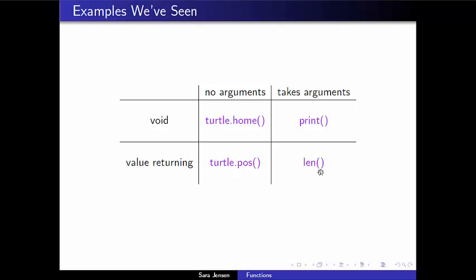We're going to give you something like a string or a list. That's what we want to know how long it is. And what you'll return to me is precisely how long it is. So these 4 different examples help us see similarities and differences between void functions and value returning functions, and those that take in arguments and those that don't.